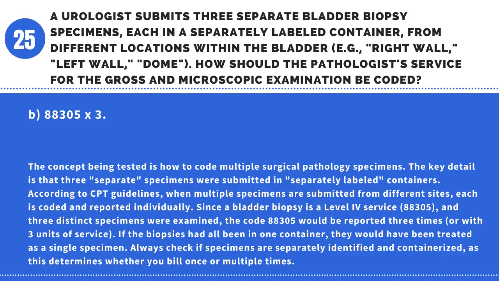Since a bladder biopsy is a Level 4 service, 88305, and 3 distinct specimens were examined, the code 88305 would be reported 3 times, or with 3 units of service. If the biopsies had all been in one container, they would have been treated as a single specimen. Always check if specimens are separately identified and containerized, as this determines whether you bill once or multiple times.